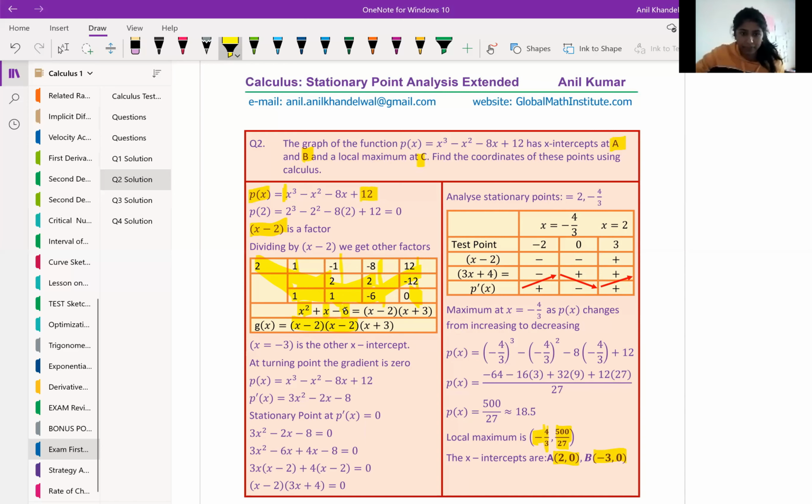They're repeated factors, multiple zeros. Because there are 2 of them, at x equals 2 it's going to be a quadratic, and at x equals minus 3 it's going to be like a linear line.